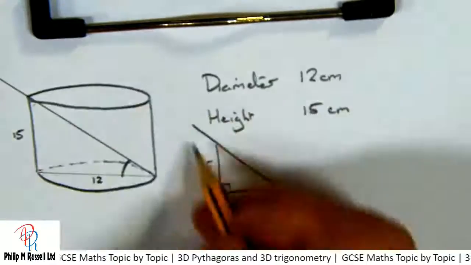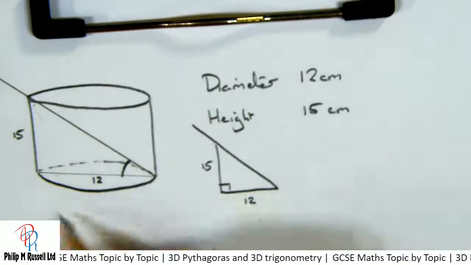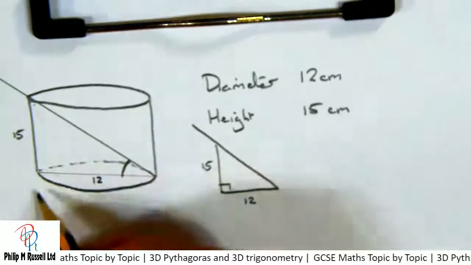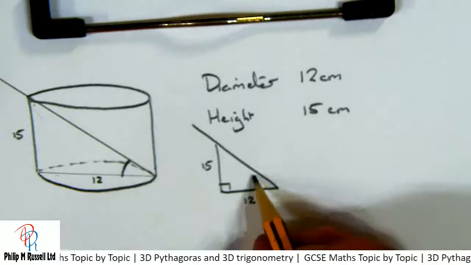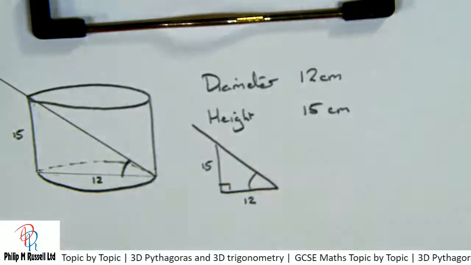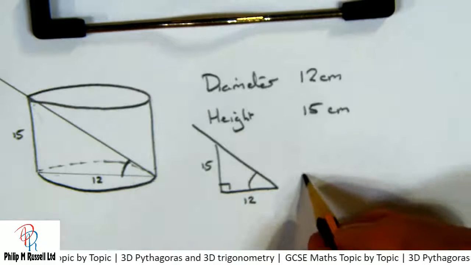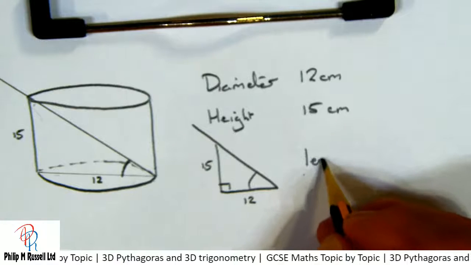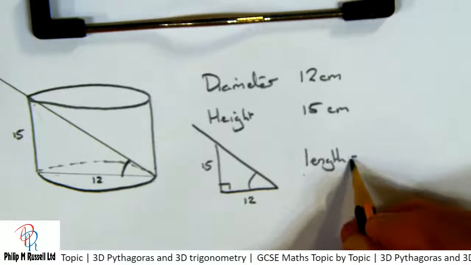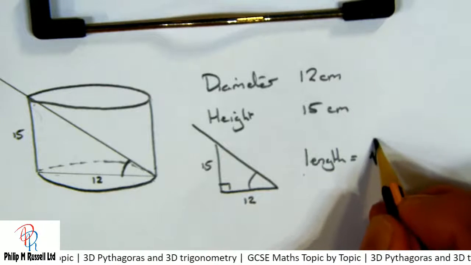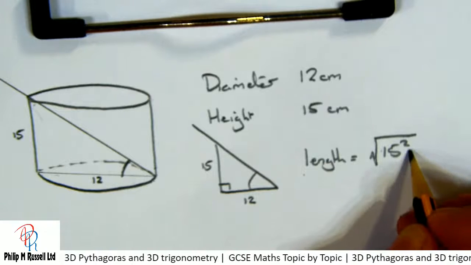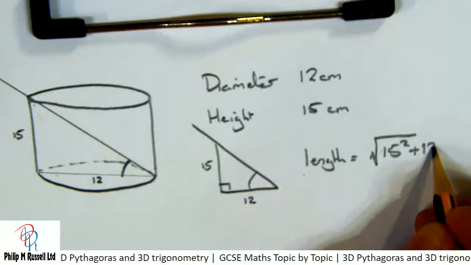And so what appears to be quite a difficult problem is really one that's very easy to solve. So this is simply the length of the stick is going to be the square root of 15 squared plus 12 squared.